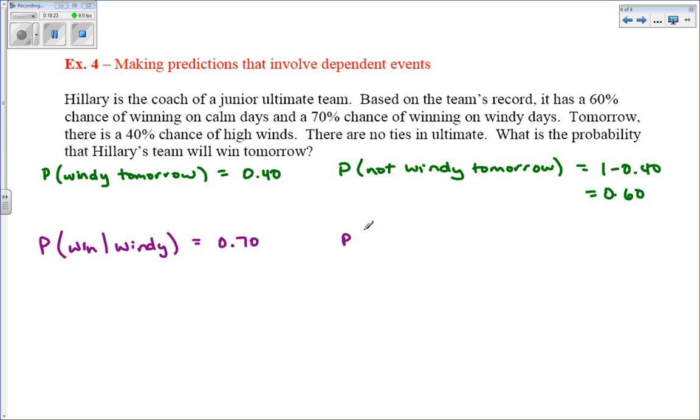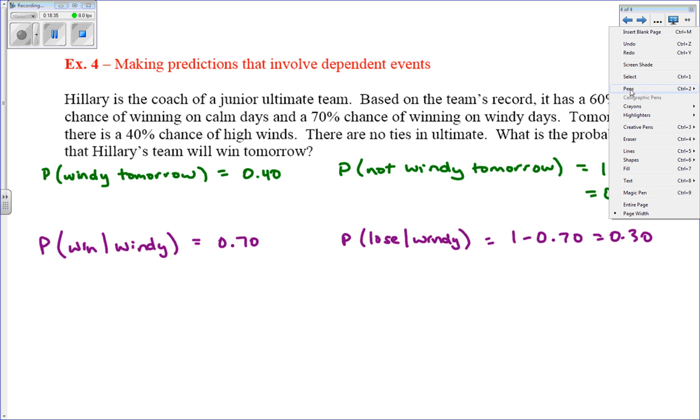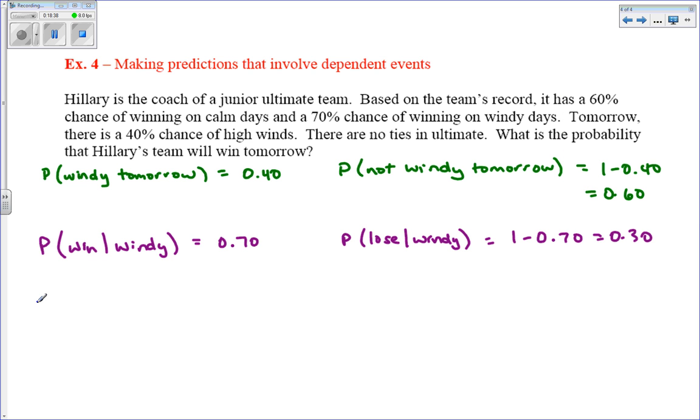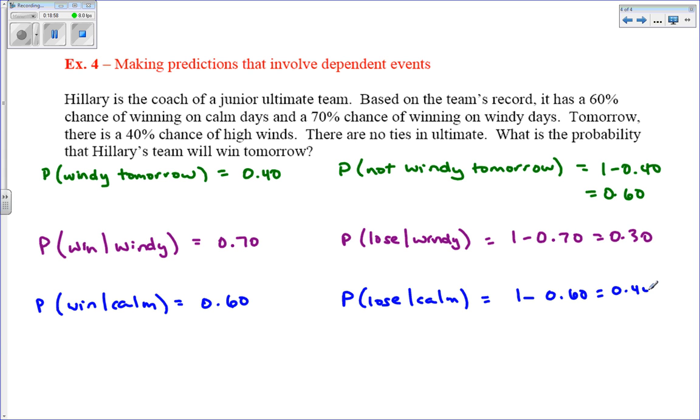So that means the probability that they lose, given that it's windy, is 1 minus 0.70 or 0.30. And then the probability that they win, given it's calm, is 0.60. So that means the probability that they lose, given that it's calm, is 1 minus 0.60 or 0.40.